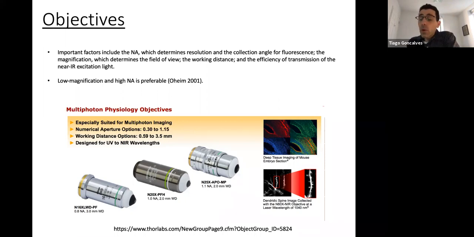You need the working distance because we're more and more imaging deep structures within the brain. We're imaging the hippocampus. For example, those images that I showed you of the dentate gyrus are about 2.5 millimeters below the surface of the cortex, which means we need at least a 3 millimeter working distance objective in order to reach that.